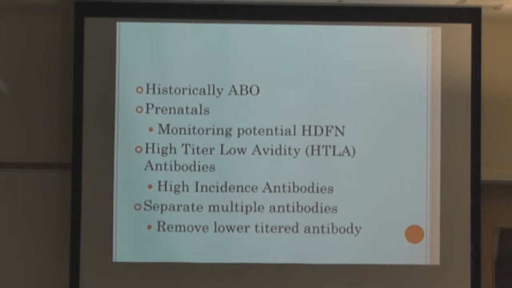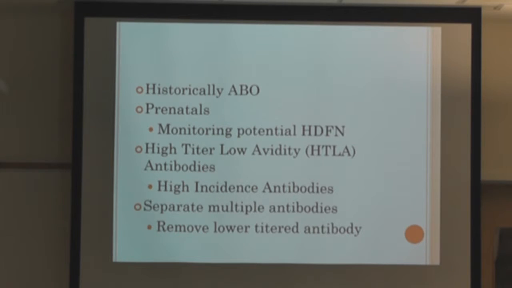Okay, so historically ABO. Now we use titers for the most part in prenatals. If you have a woman who is pregnant and she comes in to determine that she's pregnant, they'll do a type and screen.